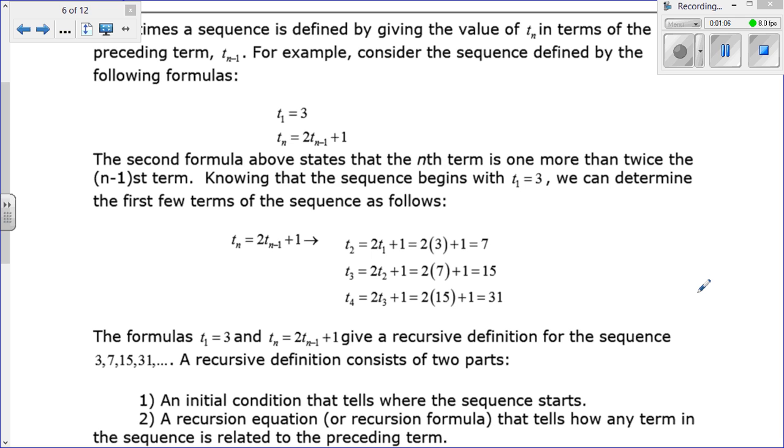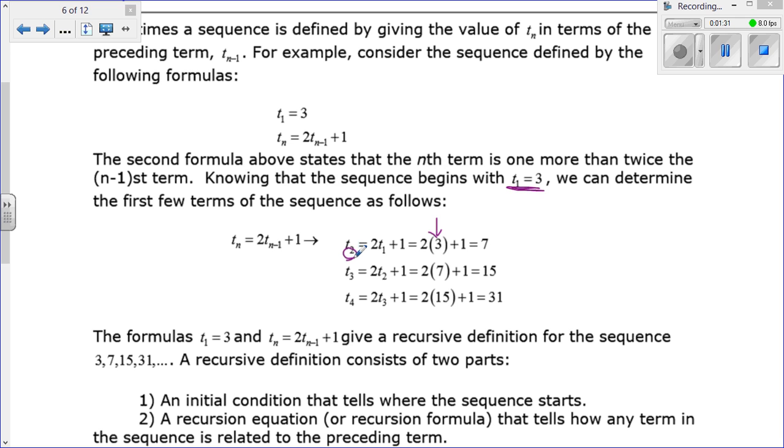So all I'm going to do is put in t sub 1 here, and to find the second term, I need to do 2 times the first term plus 1.